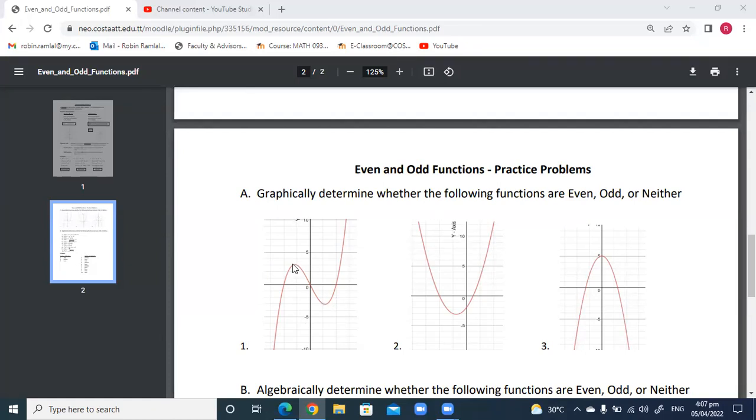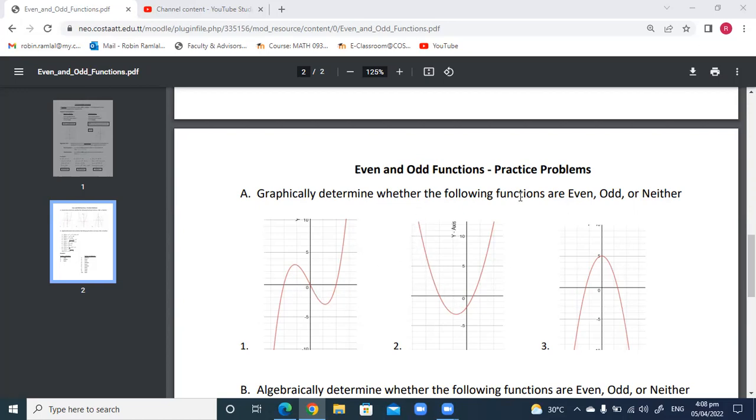Up here it will be 2, minus 3, here it will be minus 2, positive 3. Yes, this is odd. Right, the origin is a point of symmetry, right? So it's not even, but it's odd.